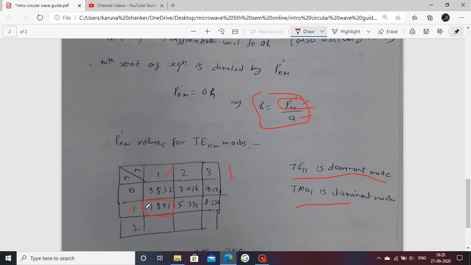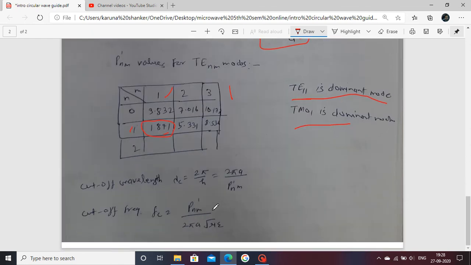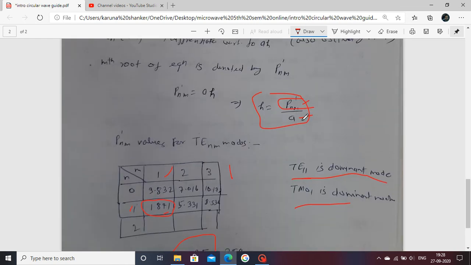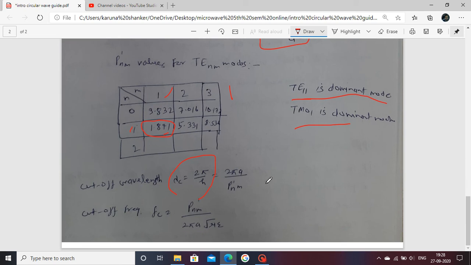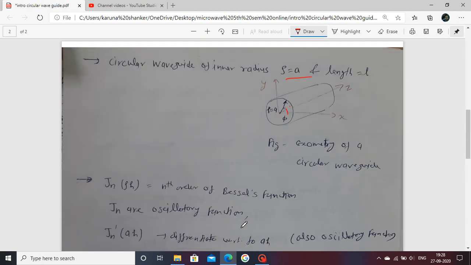Suppose there is a numerical question, then this value is given. Whatever the p nm value is, it is given in the numerical problem. Also, the cutoff wavelength relation is lambda equal to 2 pi upon h, where h is p prime nm upon a. Similarly, the cutoff frequency is p nm upon 2 pi a square root of mu epsilon. You note down this point.